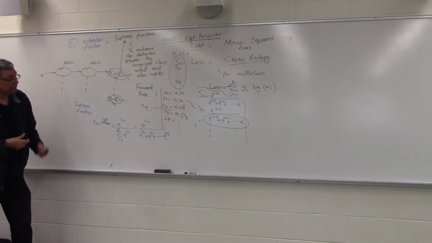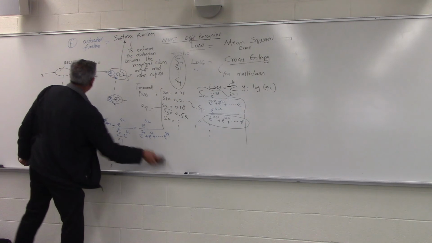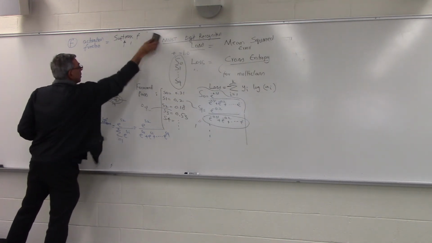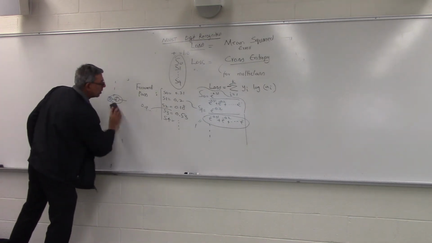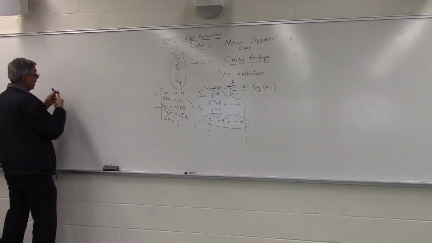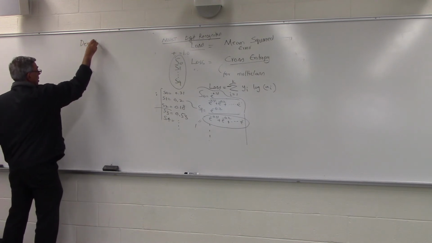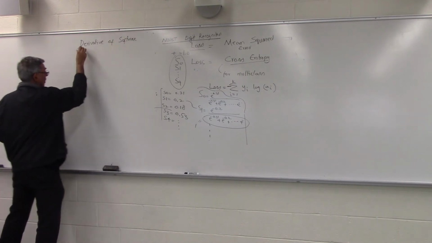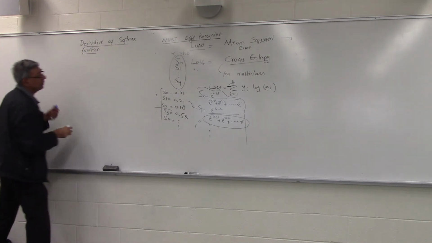Okay. Now let's take a look at how the derivative works. Let's take a look at the derivative of the softmax function, because in the backward pass we will be needing this derivative.